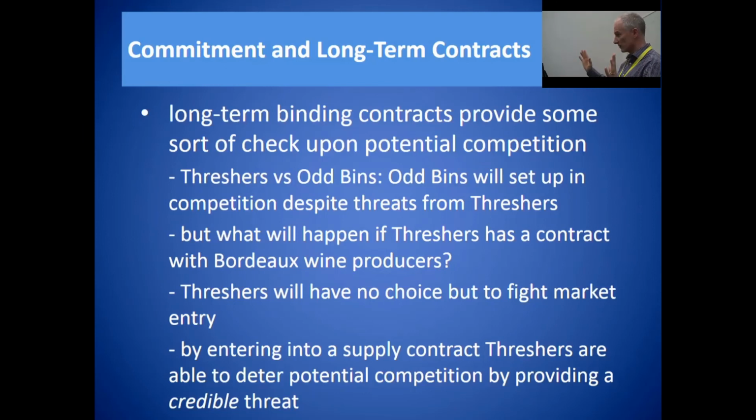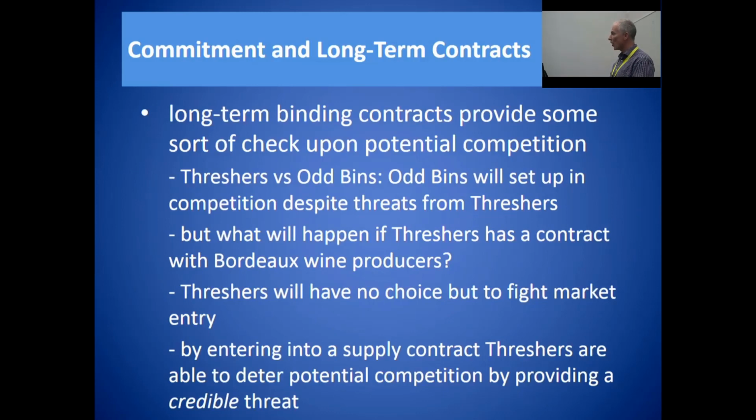It means nothing. However, a long-term binding contract works in exactly the same way as we saw previously with that example of burning bridges. It removes one of the viable options. In this sense, it removes the option of acquiescing. And with that then, the only response is to fight market entry.